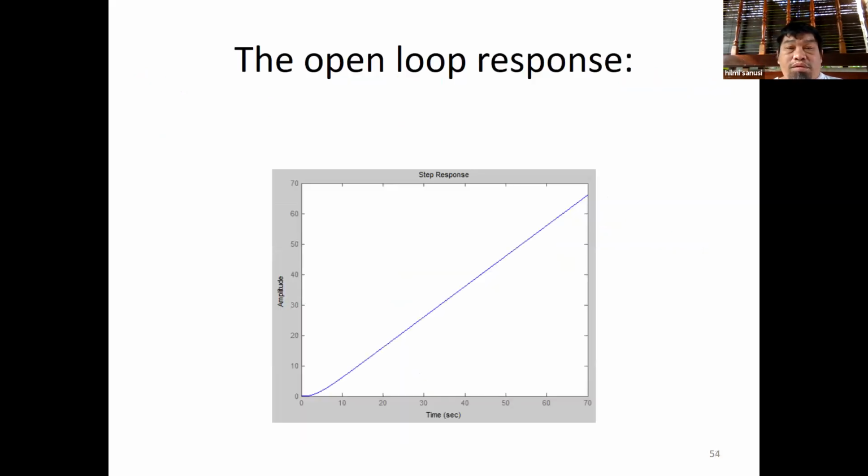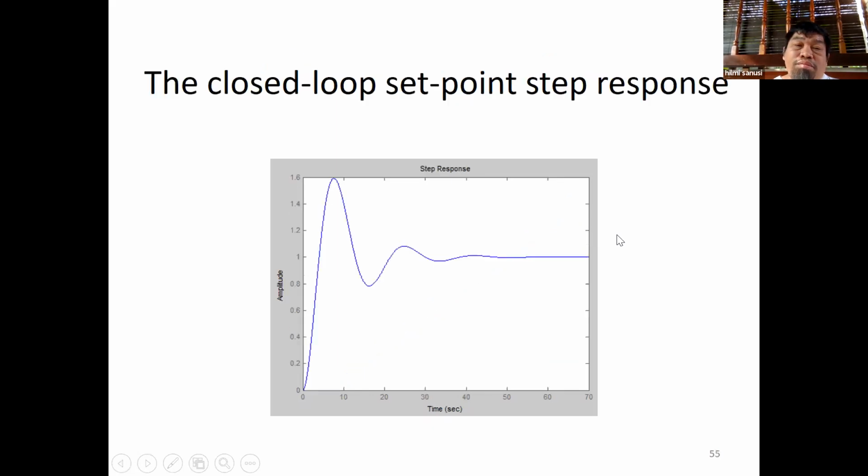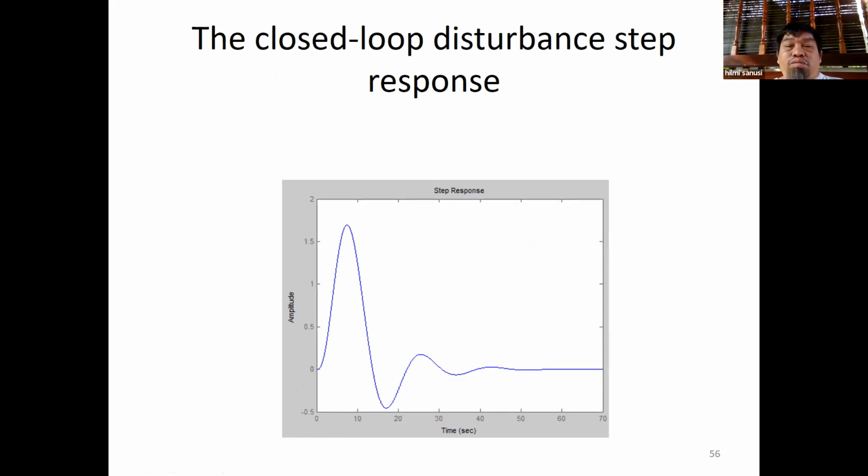Okay. So if you look here, it doesn't have an S shape. At first, if you look here, it has slightly a dead band. After that it becomes a linear slope. So this is the closed loop set point response, from the previous examples that I showed earlier, and this is the closed loop stable step response.